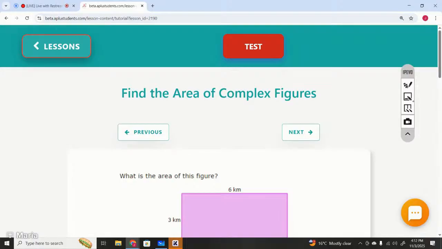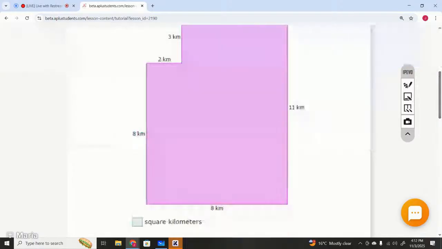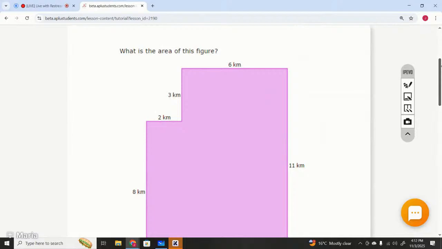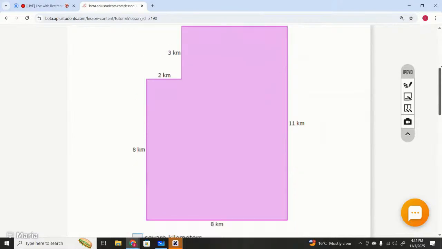What is the area of this figure? So this is the complex figure. Complex figure means the figure that is made up of more than one figure. Like you can divide this figure into more than one figure.